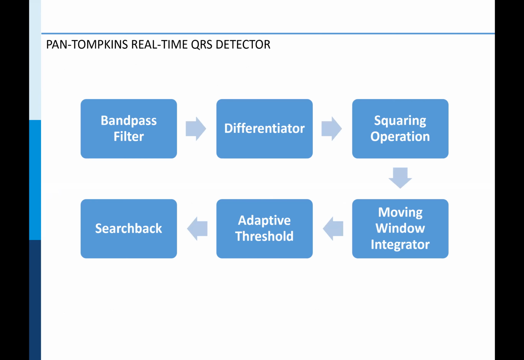Followed by that, we could involve some logic and algorithms to do the beat detection, or the QRS complex detection, the number of QRS complexes, by using various thresholding methods. The method that's recommended in the paper is an adaptive thresholding method along with search back, so that we make sure we do a robust detection and estimation of QRS complexes.